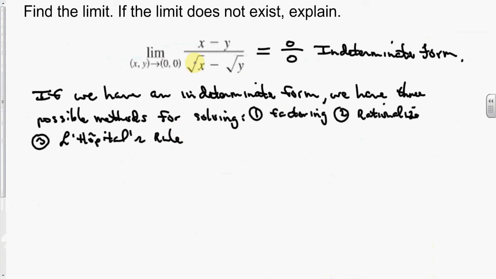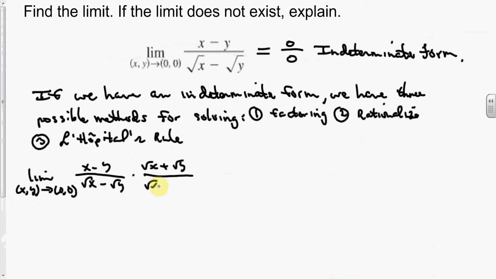Here, since I have radicals, I'm going to rationalize. So this is the limit as x comma y goes to 0 comma 0 of x minus y over the square root of x minus the square root of y, times the square root of x plus the square root of y divided by the square root of x plus the square root of y.